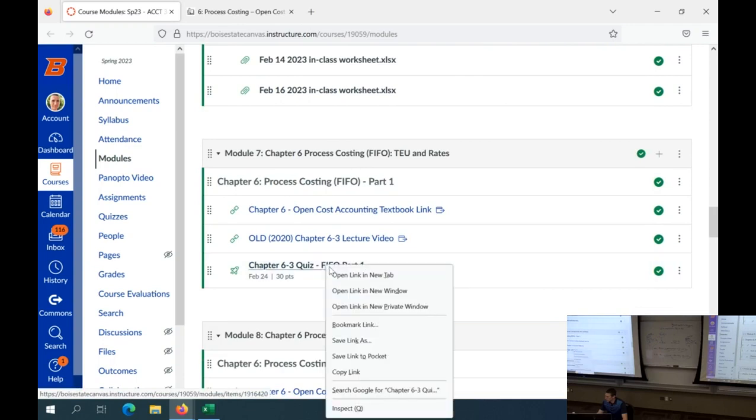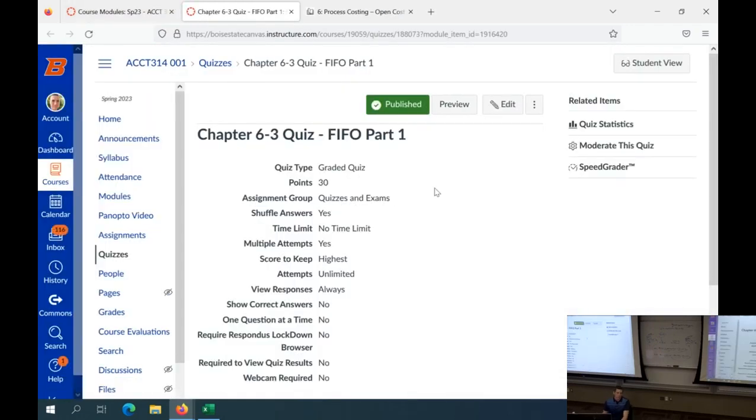So let's look at this 6-3 FIFO part 1. So part 1, there are 3 steps of process costing. Which steps does part 1 deal with? Steps 1 and 2, exactly. Thank you.